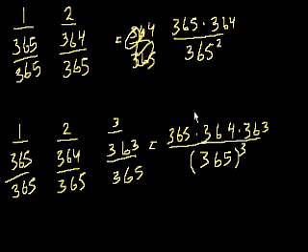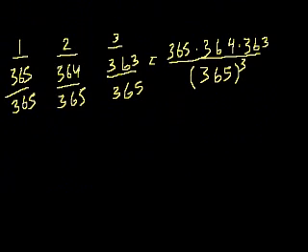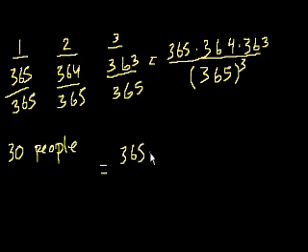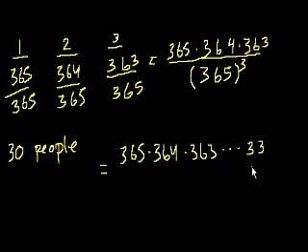And so in general, if I just kept this process for 30 people, the probability that no one shares the same birthday would be equal to 365 times 364 times 363. I'll have 30 terms up here, right? All the way down to what? 336, right?